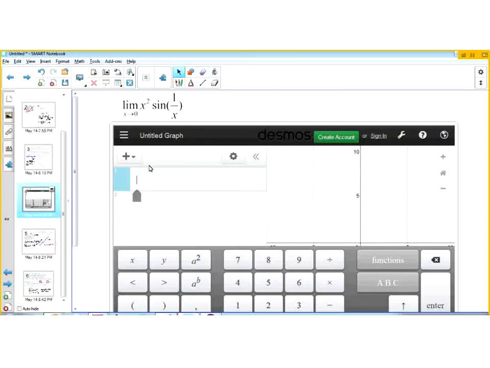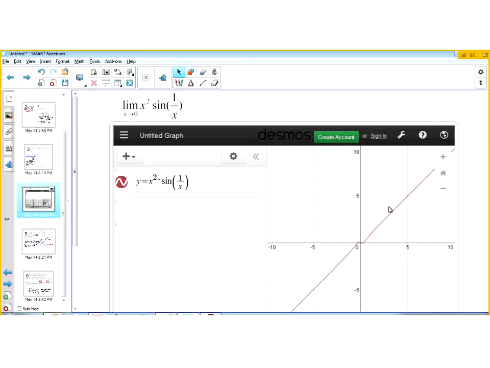Okay, so let's go ahead and graph it. y is equal to x squared times sine of 1 over x. We want to look at what happens as x approaches 0.